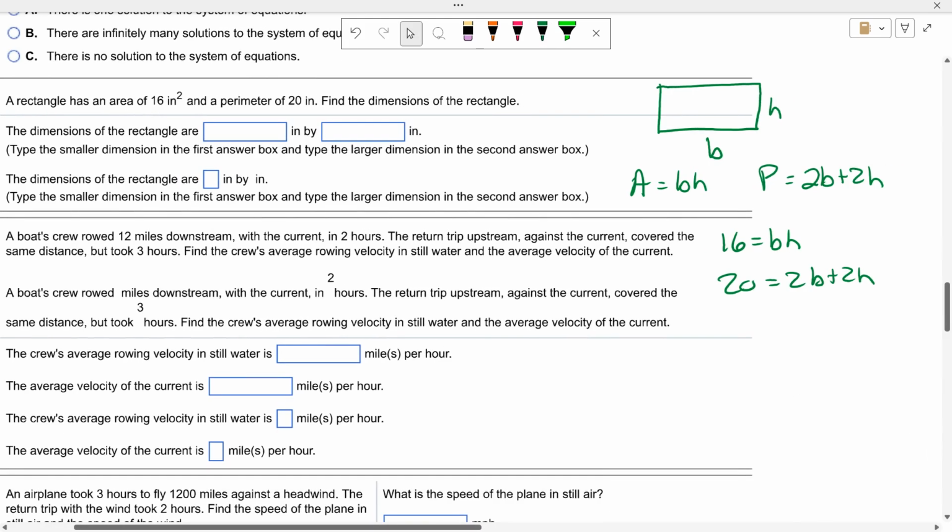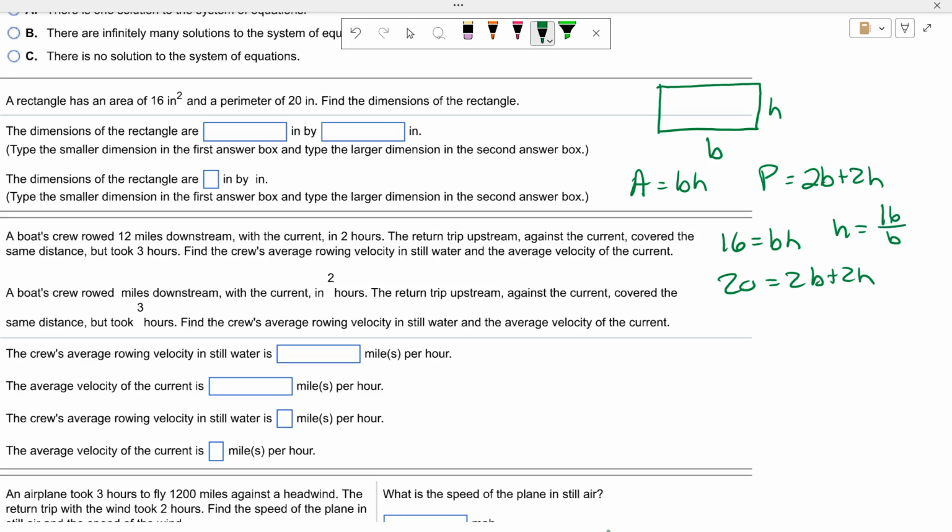Now, we got to solve for this. How in the heck can we do elimination method? Well, if this is multiplication, this is adding, no, we can't do elimination. Okay? Can we do substitution? And the answer is yes. H is equal to 16 over B. Okay?